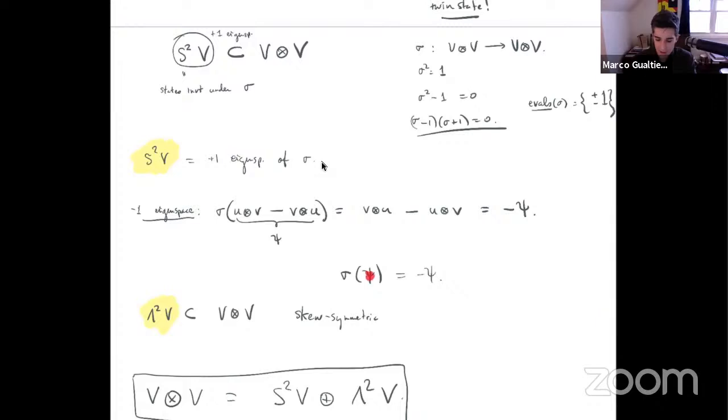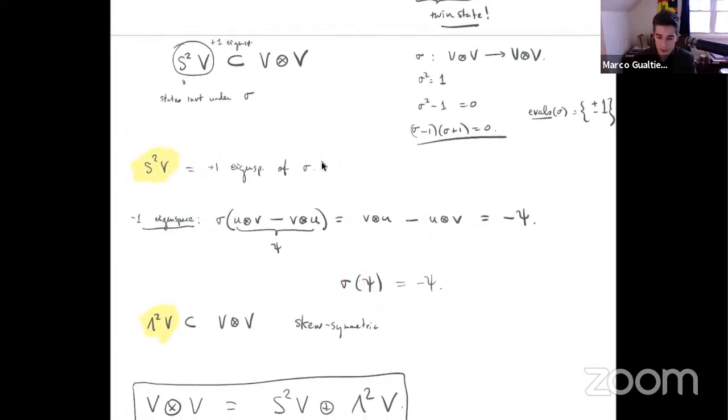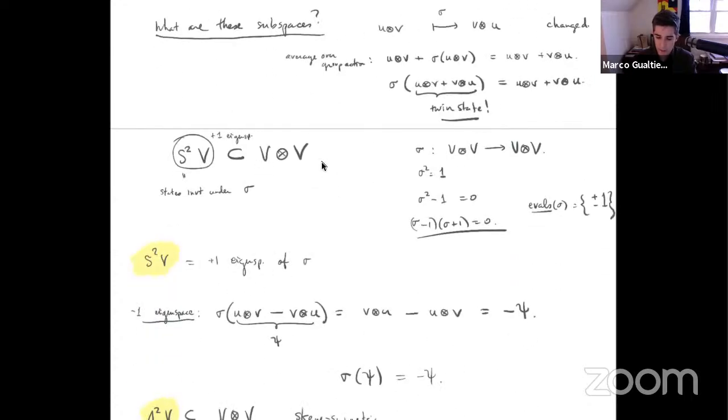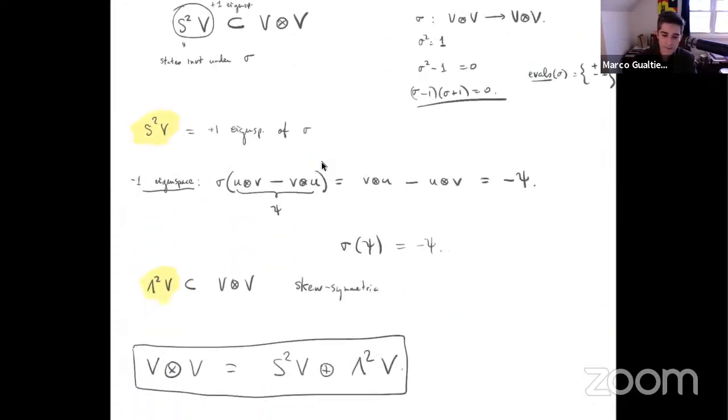This condition is equally good from the point of view of physical indistinguishability. If sigma psi is equal to psi, or if sigma psi is equal to minus psi, they both qualify as being a twin state. You see what I'm saying?